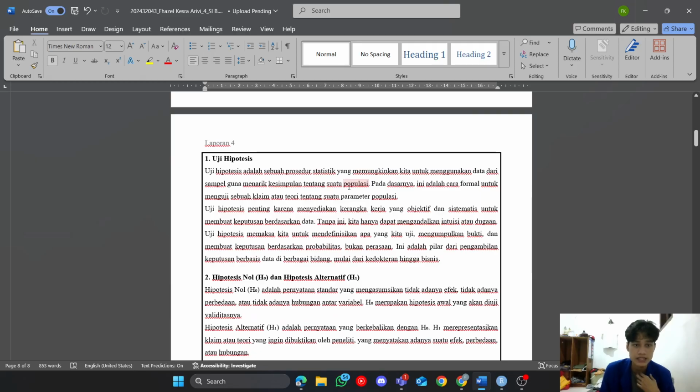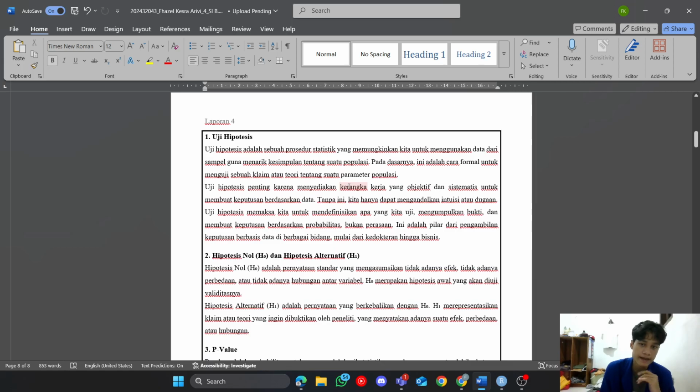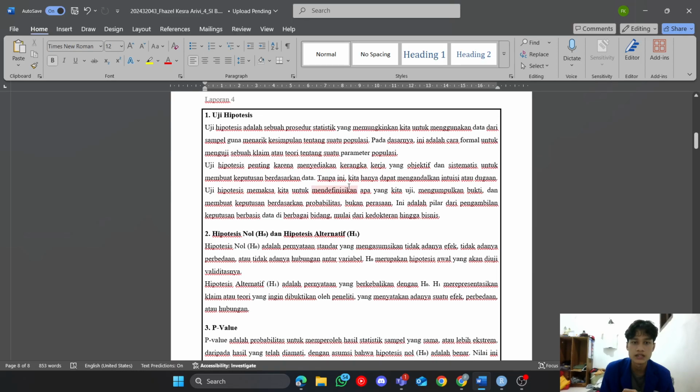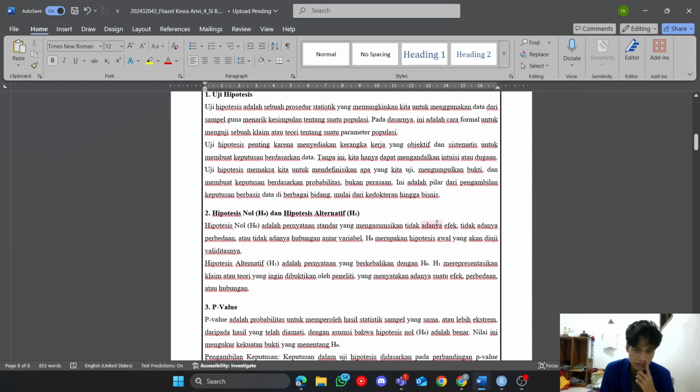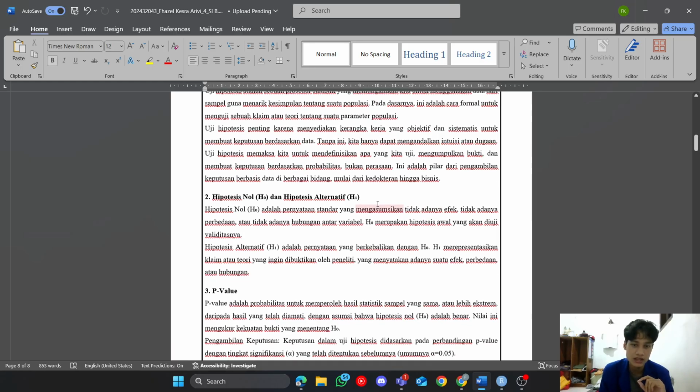First, hypothesis test is a statistical procedure that gives us the possibility to use data from a sample to make a conclusion about some population. Next is the null hypothesis, or H zero.